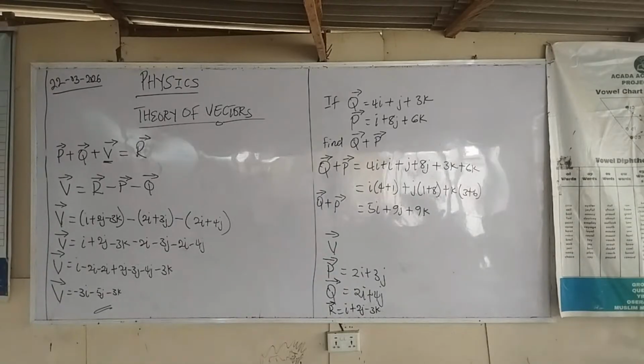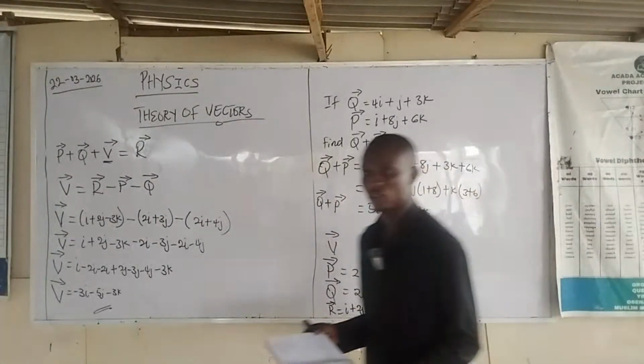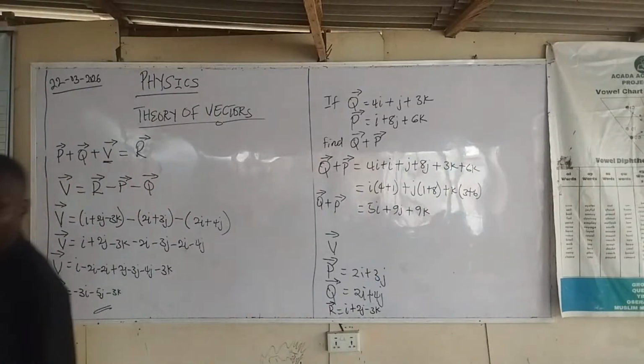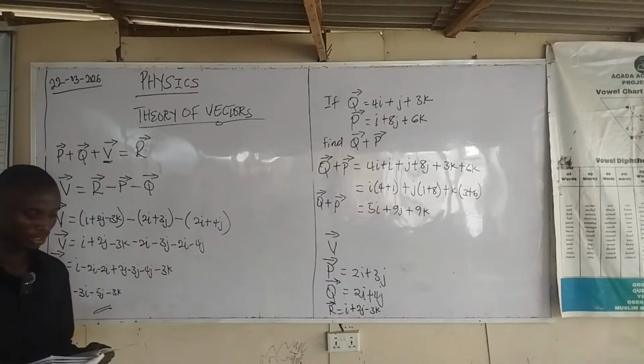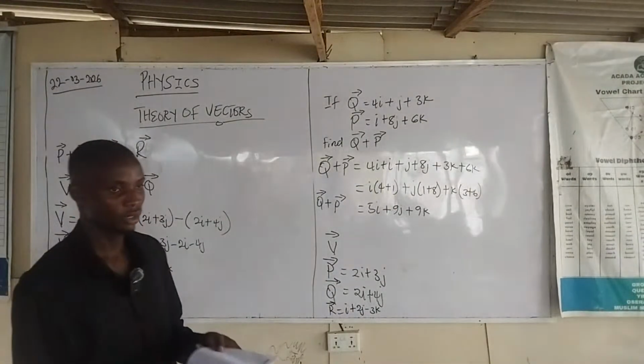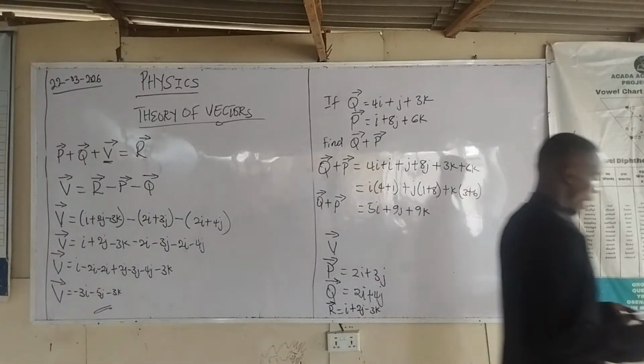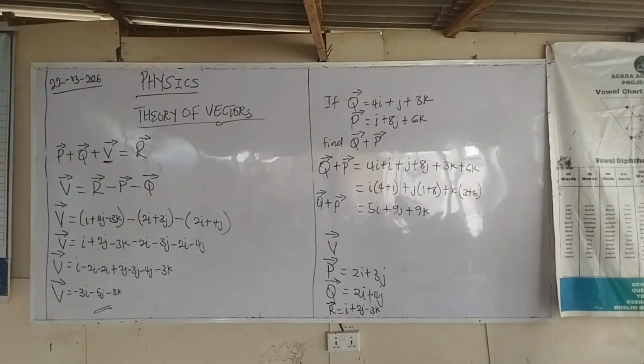If vector P equals 2I minus 4J minus 6K, and vector Q equals 6I minus 3J minus 8K.